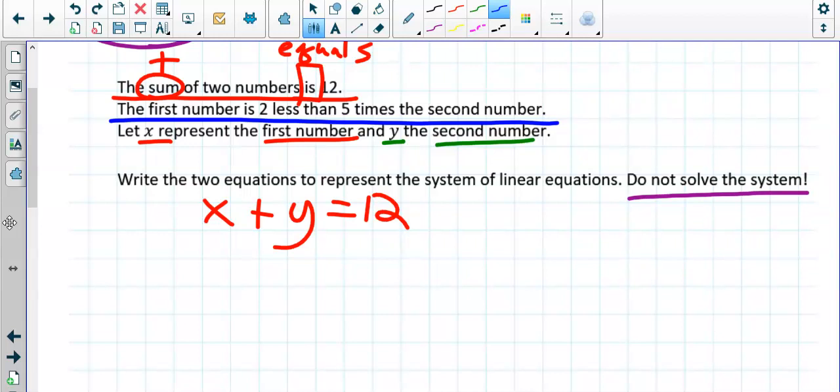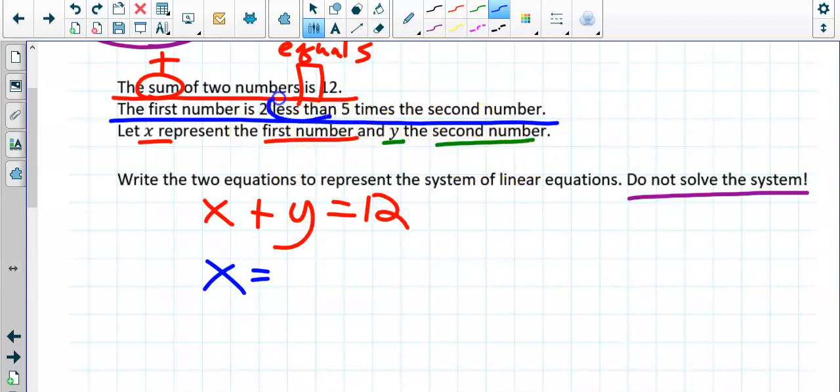So this is saying x is, what? Equals, absolutely. So x equals, now the question is, what is 2 less than 5 times the second number?